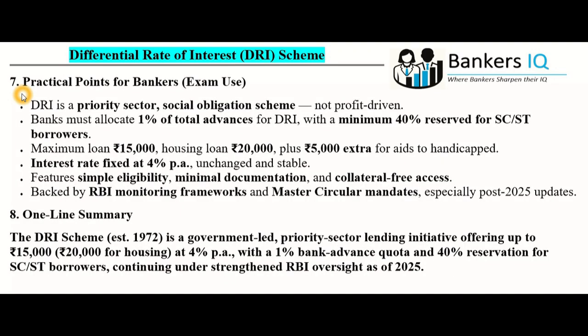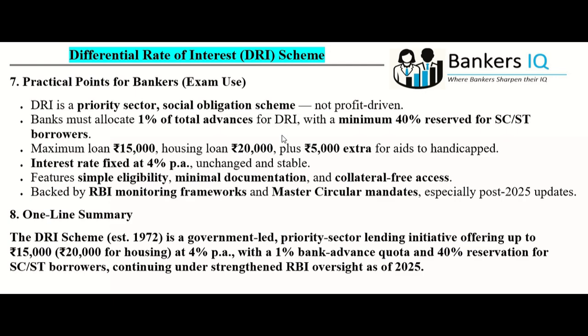So practical points for bankers in the bank promotion examination point of view. DRI, differential rate of interest, is a priority sector social obligation scheme, not profit driven. Banks must allocate 1% of total advances for DRI with a minimum 40% reserved for SC/ST borrowers. Maximum loan is 15,000 rupees for general purpose.